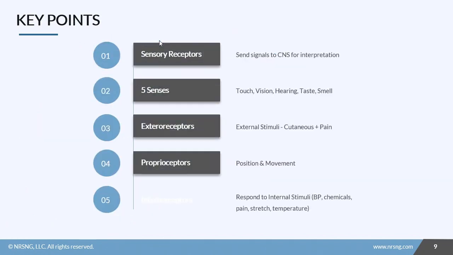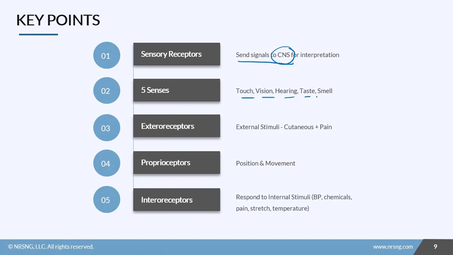Okay, let's recap really quick. So sensory receptors function to detect and respond to specific types of stimuli, and then they send those signals to the central nervous system for interpretation. We have 5 main senses: touch, vision, hearing, taste, and smell. We have exteroreceptors that respond to external stimuli, both pain-related as well as through the skin or the mucous membranes.